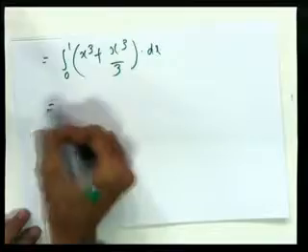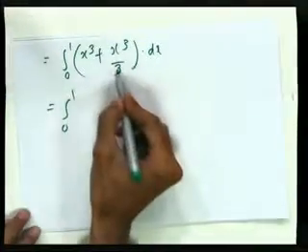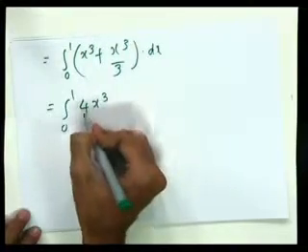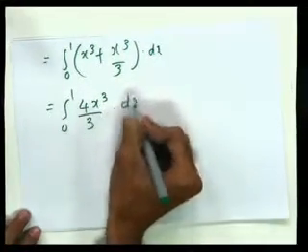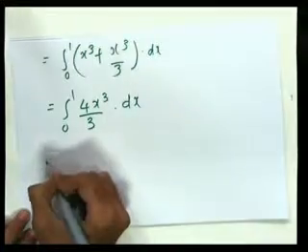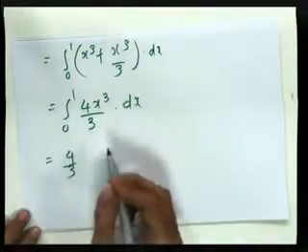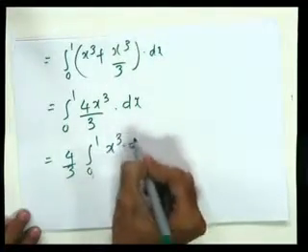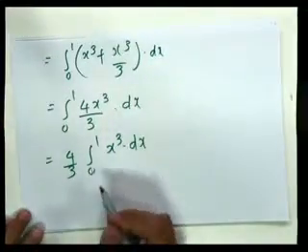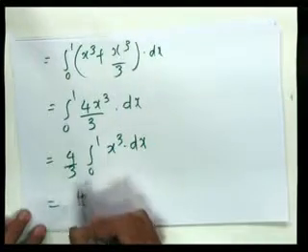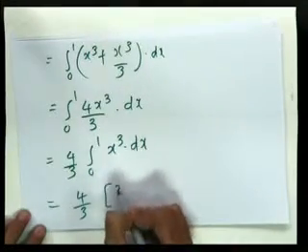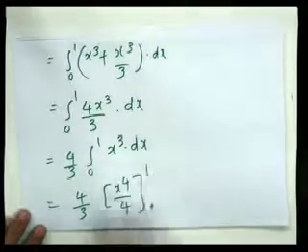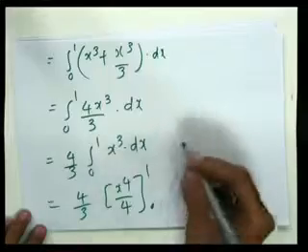So this is equal to 0 to 1, this is equal to 4x cube divided by 3 dx. Okay, so 4 by 3 is constant, so 4 by 3 is here, and 0 to 1 x cube dx, and by integrating this one we will get 4 by 3 here, x raised to 4 by 4, and the limit is 0 to 1.